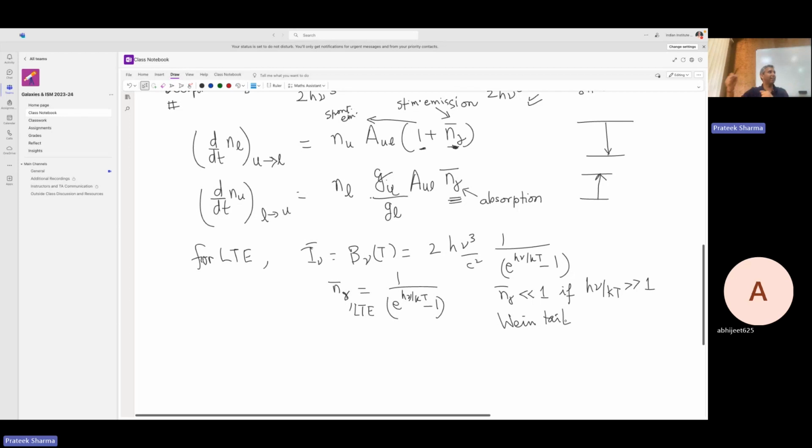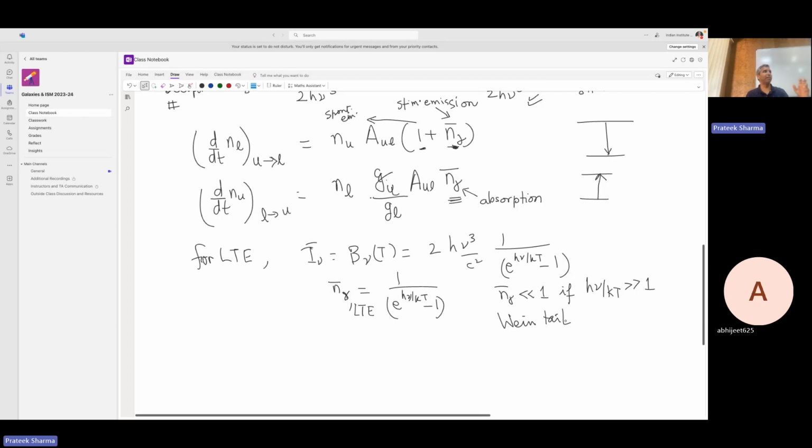If you go to very high frequencies at a given temperature, you do not have enough thermal energy to even create one photon. So n gamma bar being much less than 1 means that it becomes extremely difficult to create a photon at high frequencies.